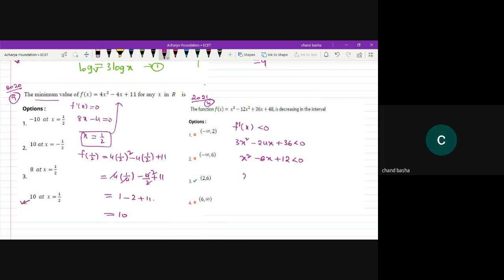X square minus 6x minus 2x plus 12 which is less than 0. X into x minus 6 minus 2 into x minus 6 which is less than 0. X minus 2, x minus 6 which is less than 0.